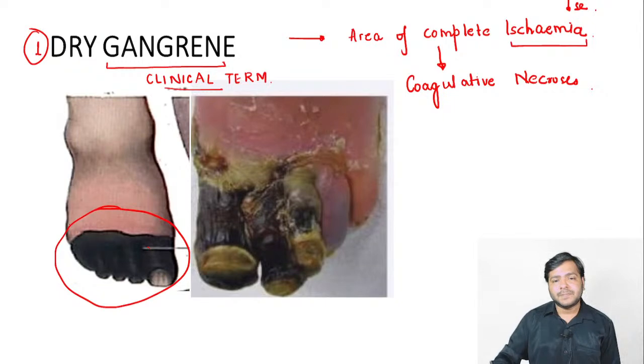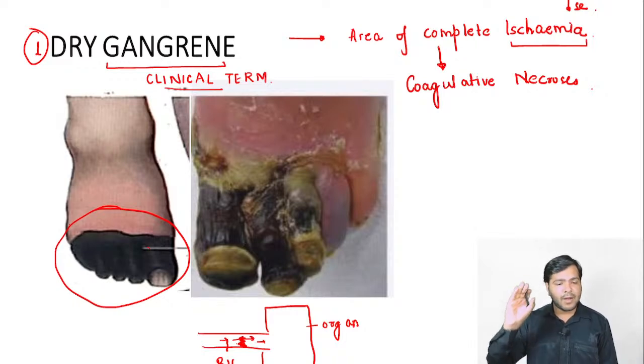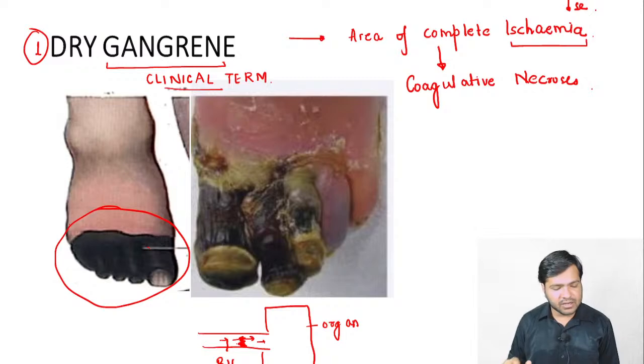Now, what will happen? See, whatever blood vessel is going to this particular organ, suppose this is an organ, and this blood vessel is obstructed. So the amount of blood reaching this particular organ will be decreased. Now, it will get less oxygen.